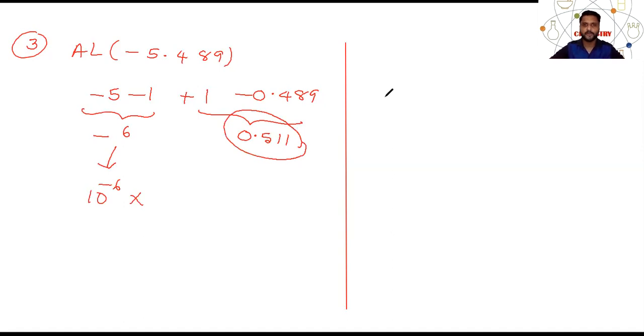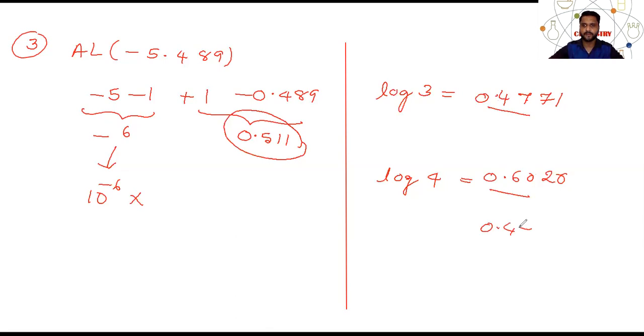So we go for the approximation. Log 3 is equal to 0.4771. Log 4 is equal to 0.6020. Suppose I take the average of these two, like 0.47 and 0.60, which is equal to 1.17. So divide by 2 is equal to 0.58 comes.